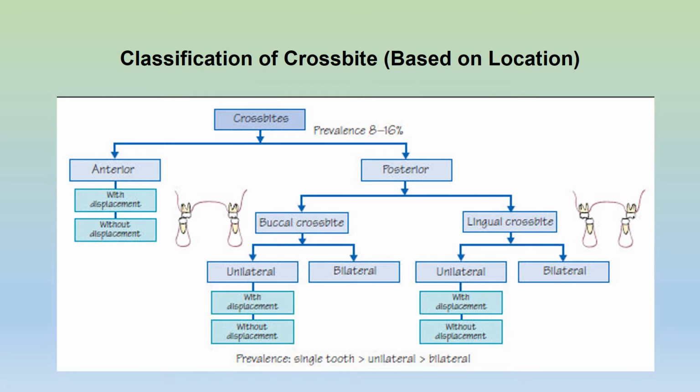You can also classify crossbites based on where the crossbite is located. It can be either an anterior crossbite or a posterior crossbite. The anterior crossbite may or may not have a forward displacement.